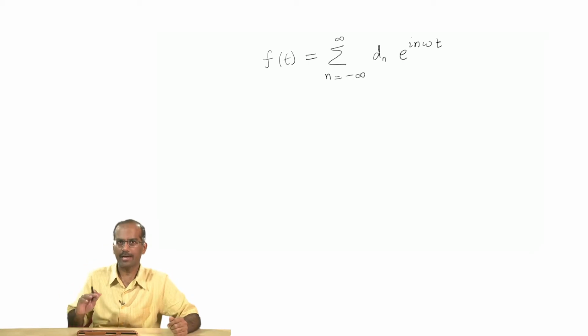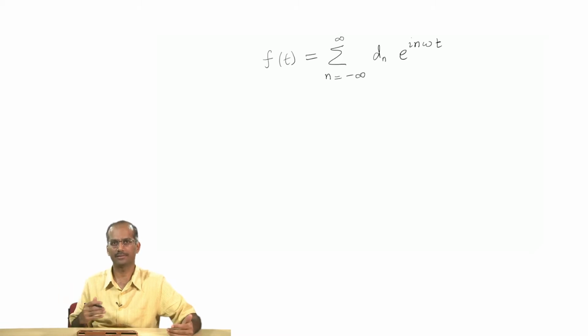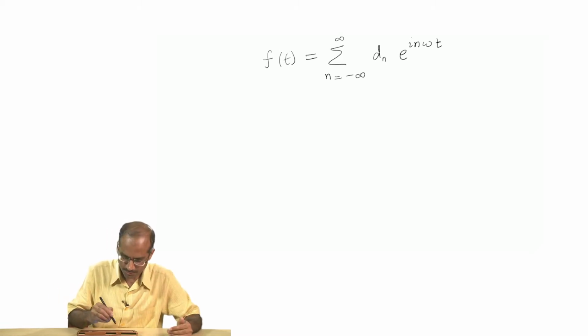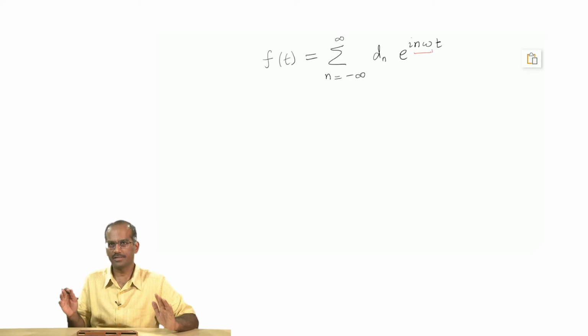On the right hand side I have the Fourier series expansion written in terms of the exponentials e to the power i n omega t. And crucially you will see that it depends on this n omega here. I can see this function in the space of these n omegas.